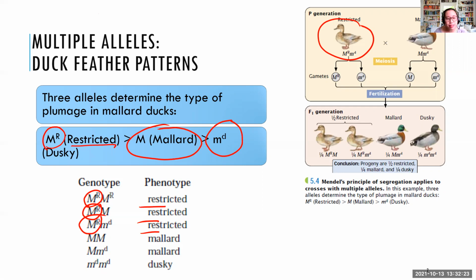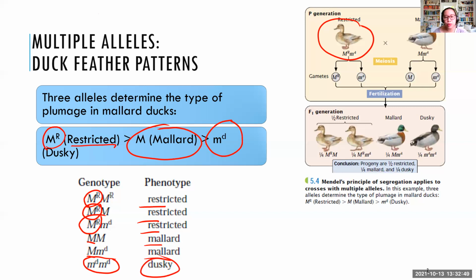Now, when there is the absence of M superscript R and you are only left with an uppercase M, that's when the mallard phenotype appears. But when the uppercase M is not present and you have the homozygous recessive M superscript D, you now have the dusky phenotype.